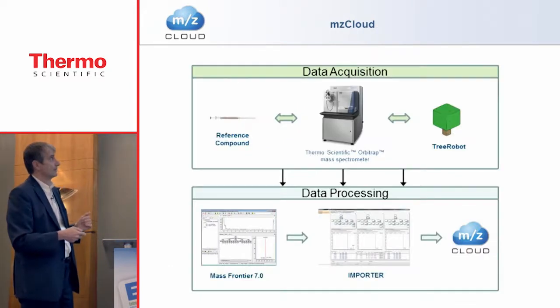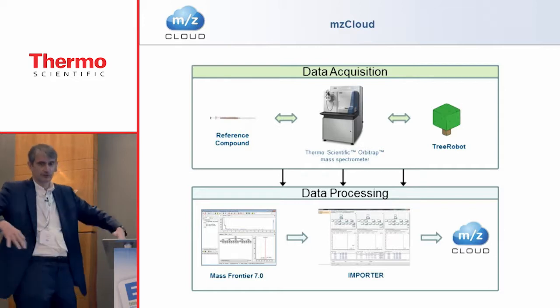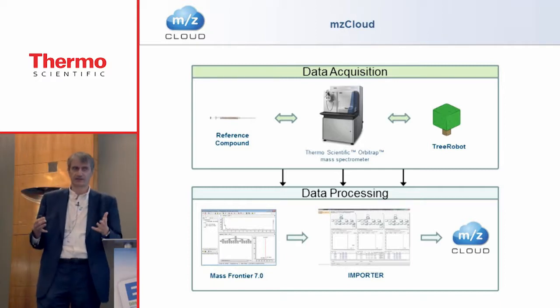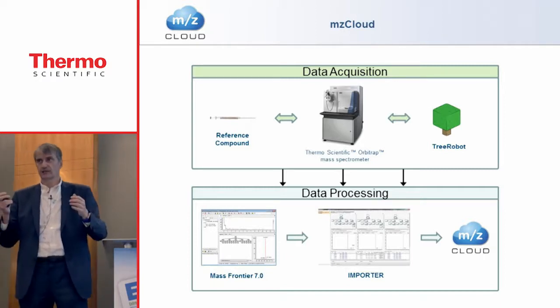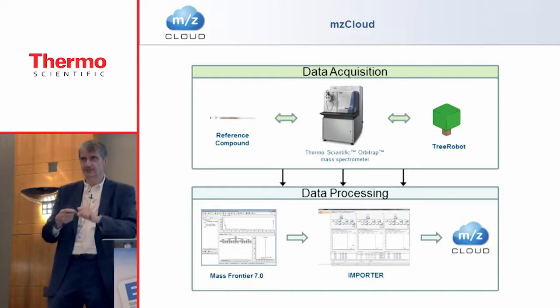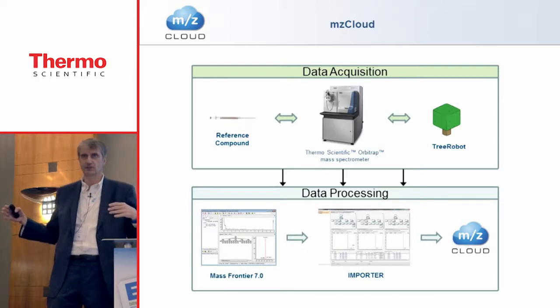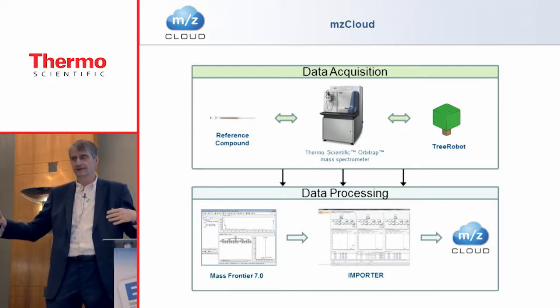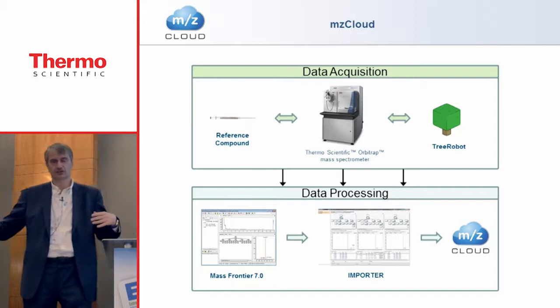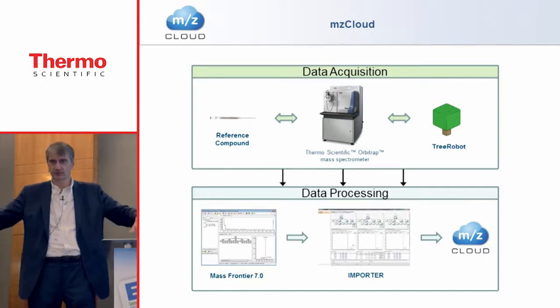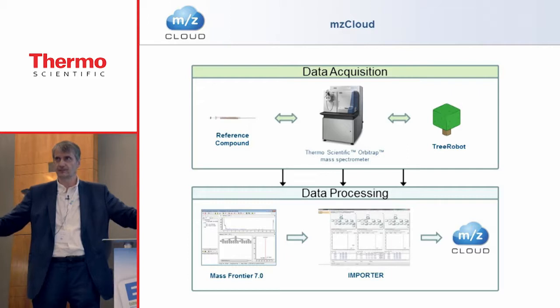So, in more detail, how it works. We take the reference compound, we use direct injection, and we have special software that controls the mass spectrometer to create all those rich spectral trees, because our philosophy is, once we have a sample, we would like to get everything from the sample. We squeeze the sample to the last drop and get spectra at as many experimental conditions, as many collision energies, as many precursor ions as possible, and as deep as possible with the MSn stage.